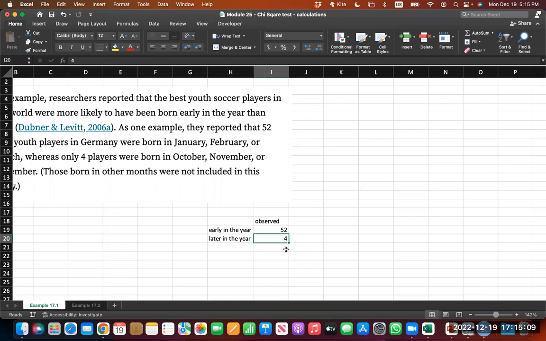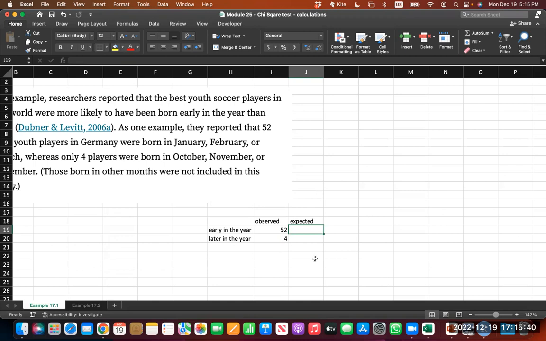If you want to know now whether there's an association between being an elite youth soccer player and the time of the year, you would need to distinguish between your observed counts and what you would have expected if there were no association. And that's the key, because you need to understand what is expected. This is why I wanted to go to this example right away, because it's easier to think that through in such an easy example.